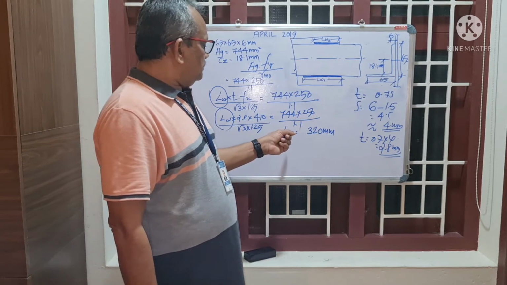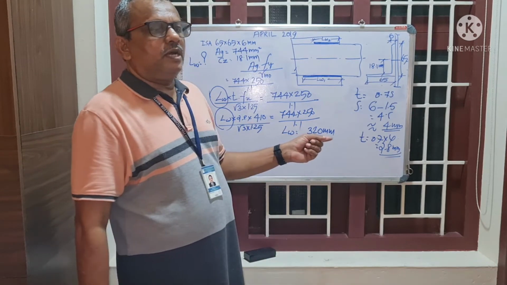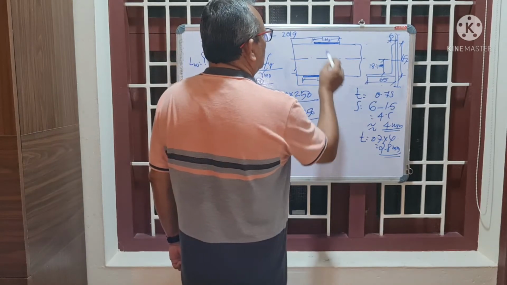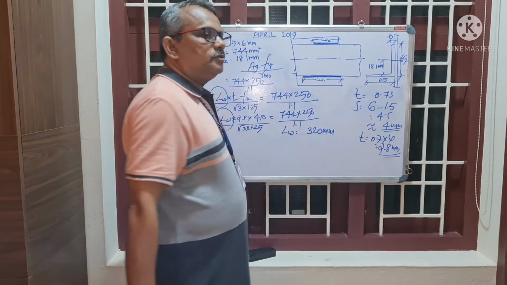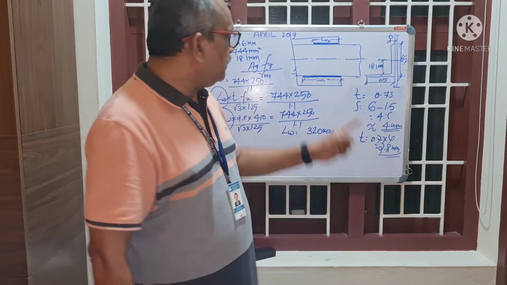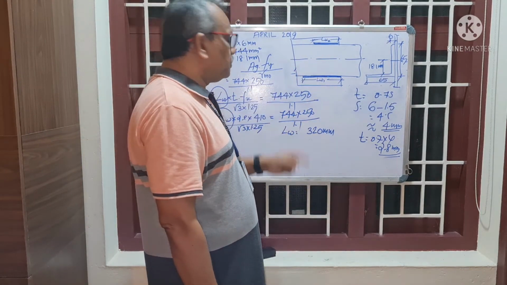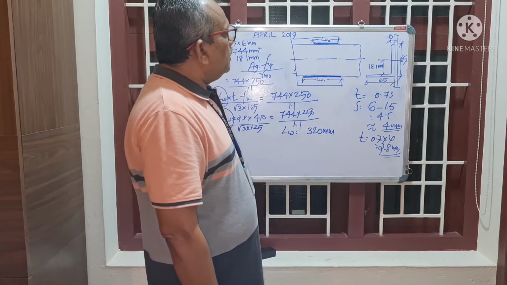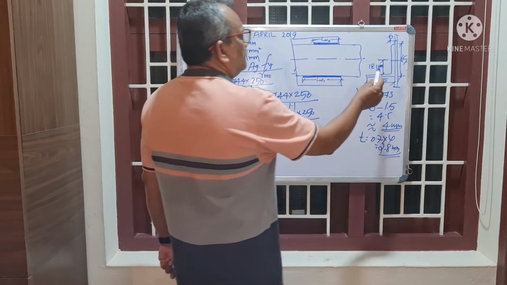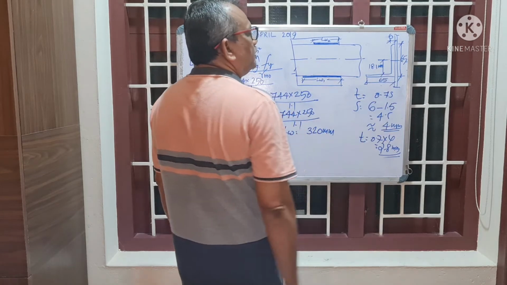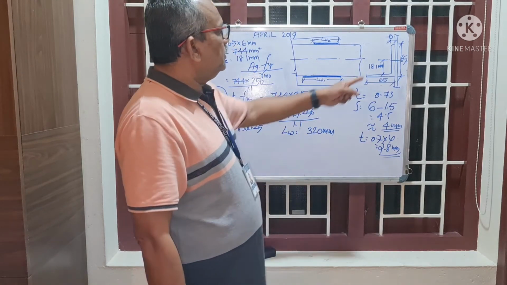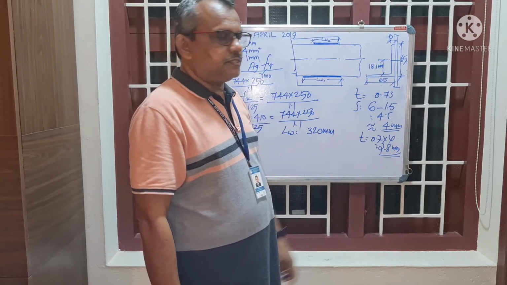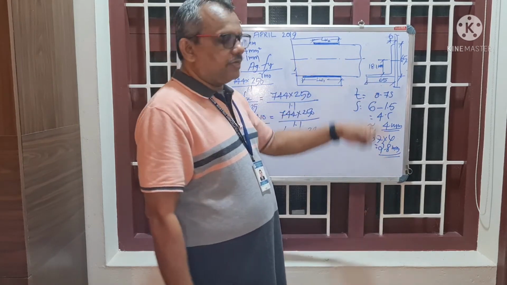Now, from this we have to calculate LW1, that means the length of the weld at the bottom, and LW2, the length of the weld at the top. So LW1 plus LW2 is equal to LW. Understood? Now, how can we do that? Here you know this 18.1 mm from the bottom, so the top will be 65 minus 18.1 mm, the distance from the top to the center of gravity.